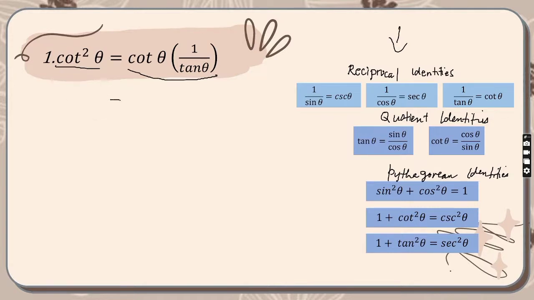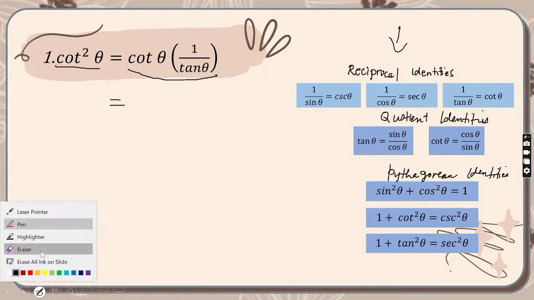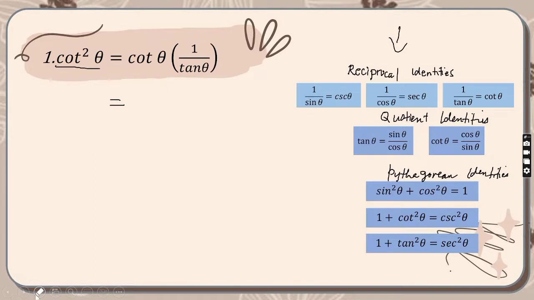Okay, for example, in this example, cotangent times 1 over tangent theta. So, we can use the reciprocal identity of 1 over tangent theta. Pwede natin siyang palitan as cotangent theta.